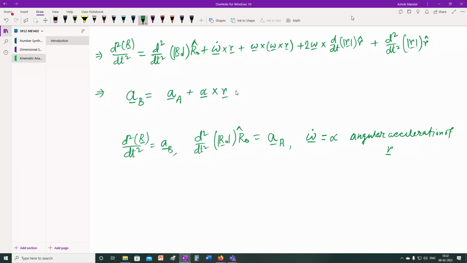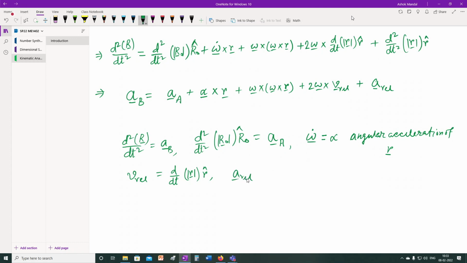Alpha cross r, plus omega cross omega cross r, plus 2 omega cross v relative. Tomorrow I will discuss what we mean by this v relative, and we will solve some problems graphically and analytically to understand this properly. And the last term, we are calling it a relative. All these are vectors.